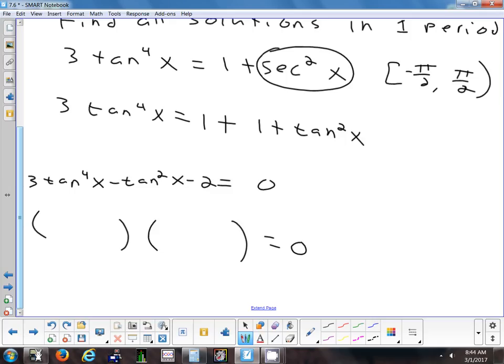What would have to be my first two terms in each set of parentheses? You don't have any choice. Okay, if it's confusing, look at it like this. Pretend that you're trying to factor that. 3x squared, well, 3 tangent squared. Yep, and then 1 tangent, and then a 1 tangent squared.